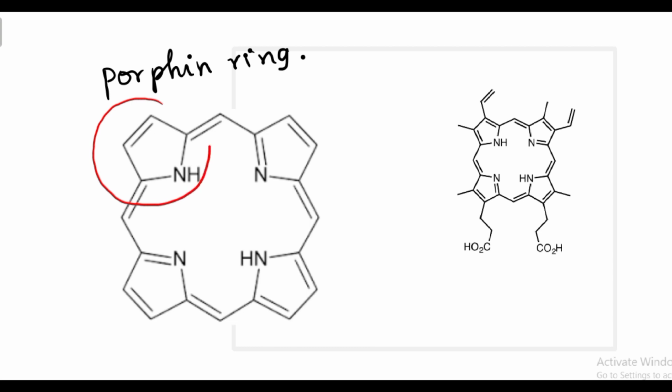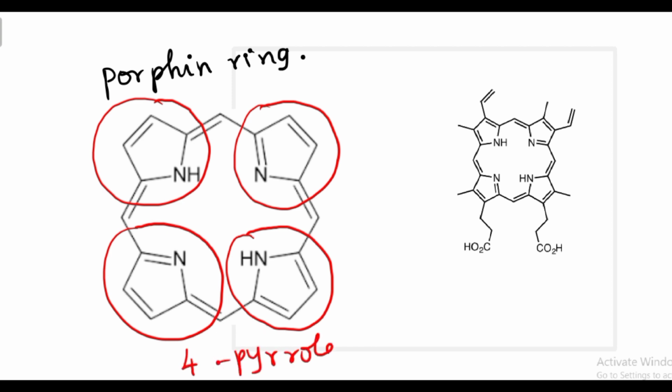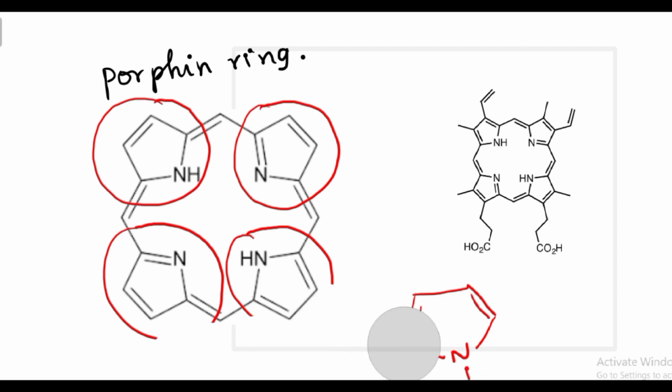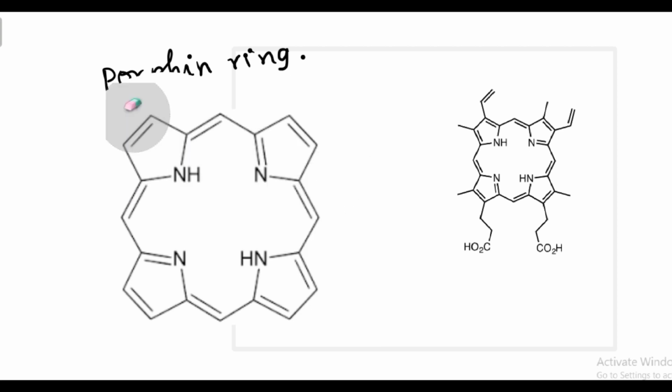Moreover, they form this macromolecular ring by forming 4 pyrrole rings. Pyrrole rings look like this. This is known as the pyrrole structure. In this manner, the porphyrin ring will be formed.